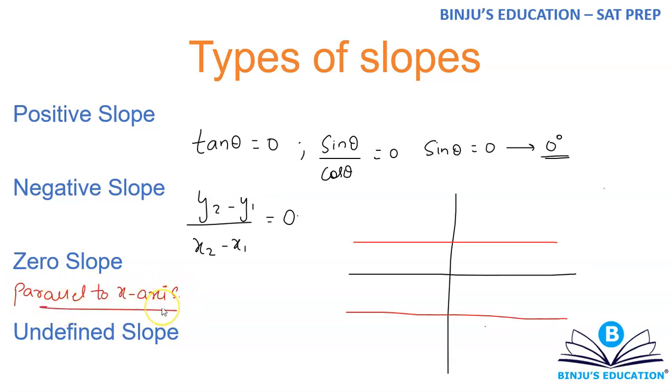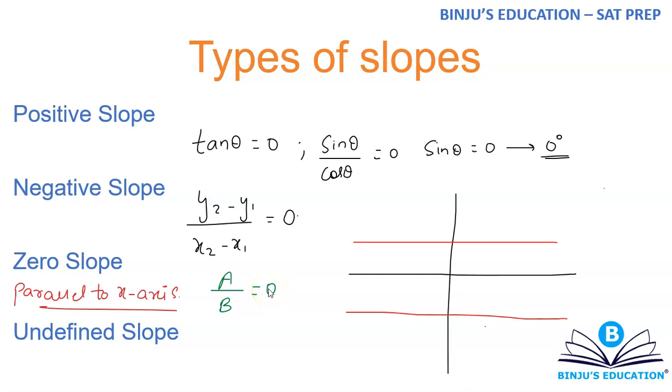Now you can also visualize this or conceptualize this with the help of the formula y2 minus y1 divided by x2 minus x1 is equal to 0. If you want y2 minus y1 divided by x2 minus x1 equal to 0, then in that case you want a by b to be equal to 0.